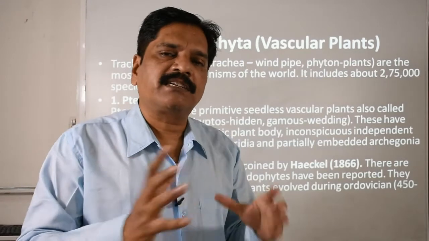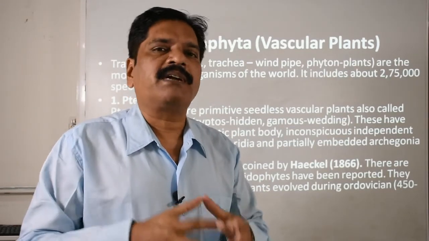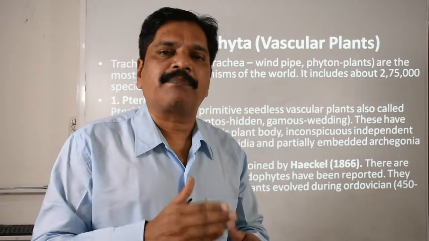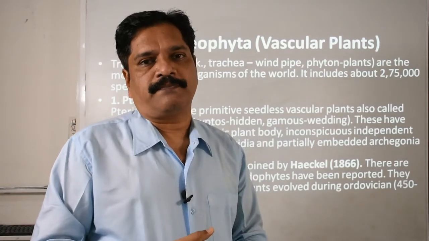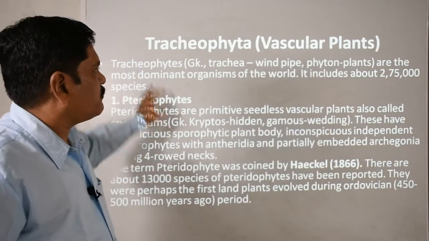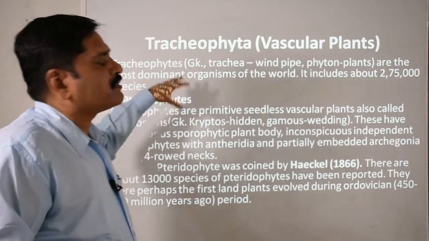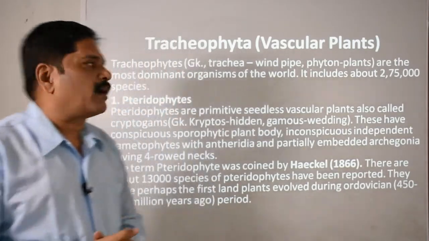Windpipe doesn't mean it is responsible for carrying air, but these are tubular structures, tracheids, very fine capillary structures present in the root and stem, responsible for transportation. That's why we call them the Tracheophytes, and this is the most dominating group of organisms in the plant world.